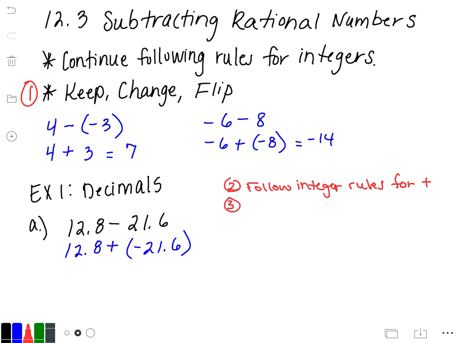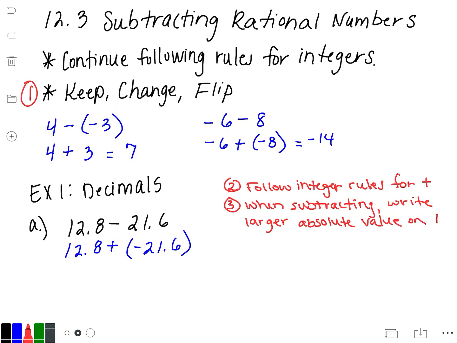So step 3, I'm going to write when subtracting, write larger absolute value on top. So in this case, that would be the negative 21.6.